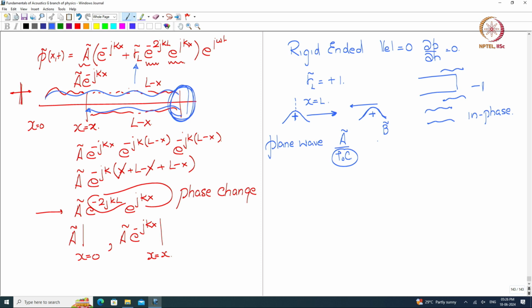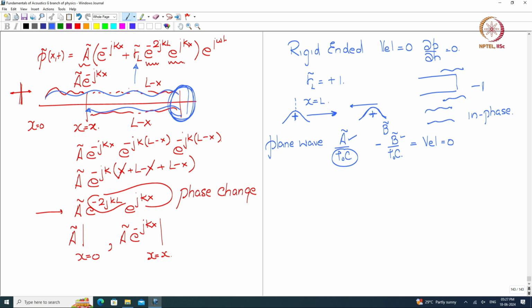Then the velocity due to that will be leftward, so it is minus B tilde by rho 0 c. Okay. So now if A tilde and B tilde are equal, then my velocity goes to 0. That means what?